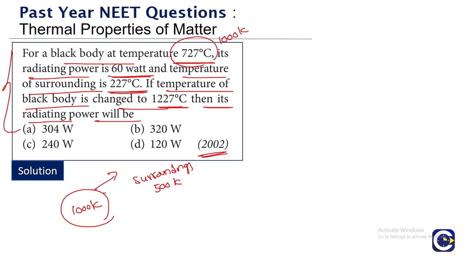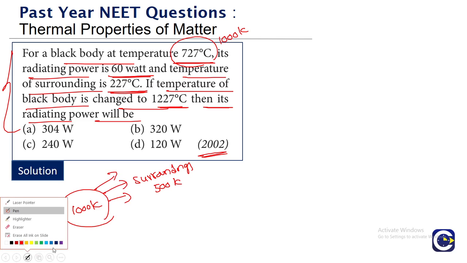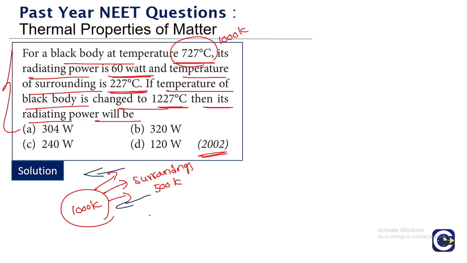Now while the object is radiating, the surrounding also will radiate. So surrounding radiation will be falling onto the object. So in this case we have to consider the net radiation power, because whatever heat is radiated by the surrounding will be falling onto the object.